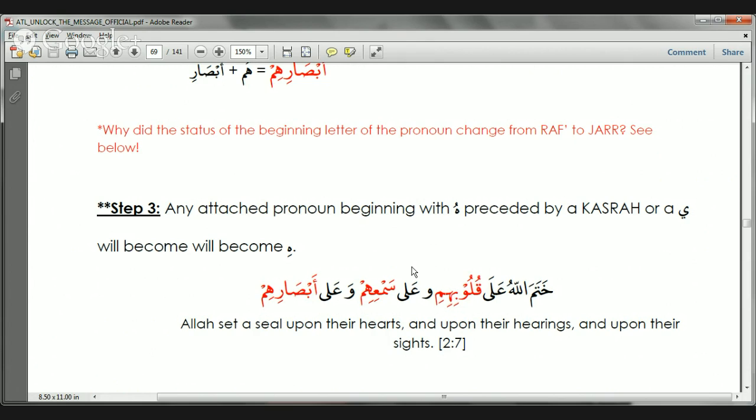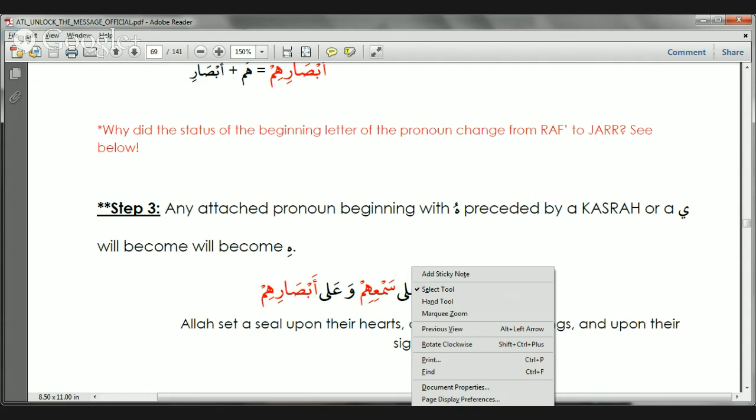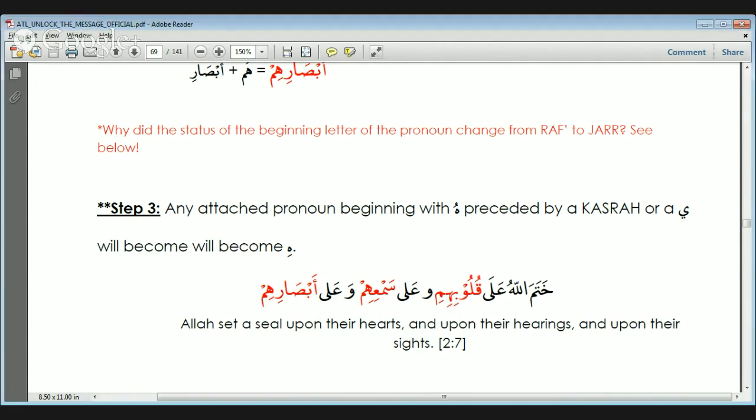So let's take a look at this. خَتَمَ اللَّهُ عَلَى قُلُوبِهِمْ. This is B, right? Is there a kasra? So what happens? The ha becomes he, qulubihim. This is actually wrong.